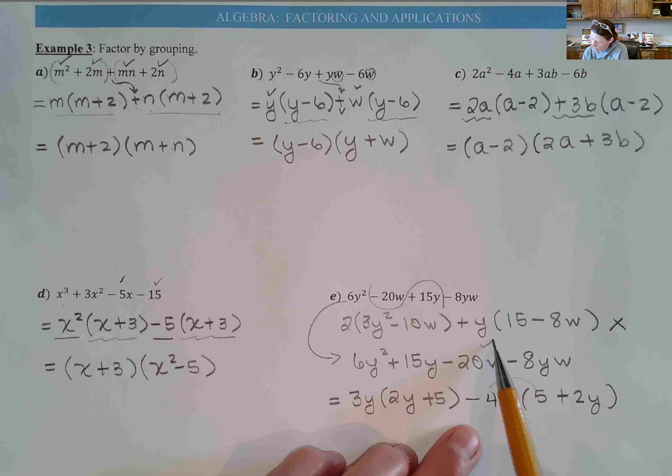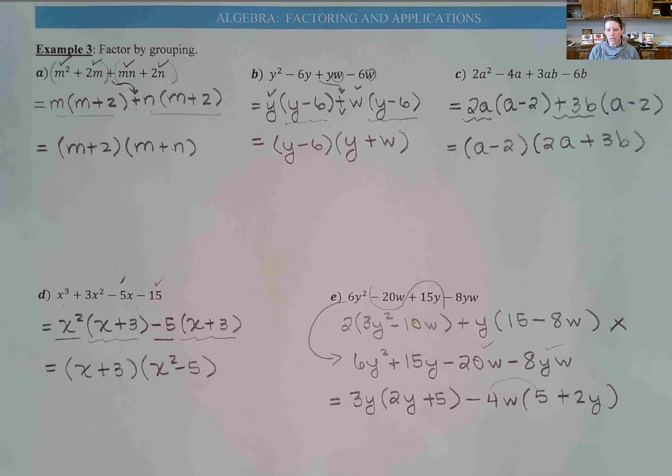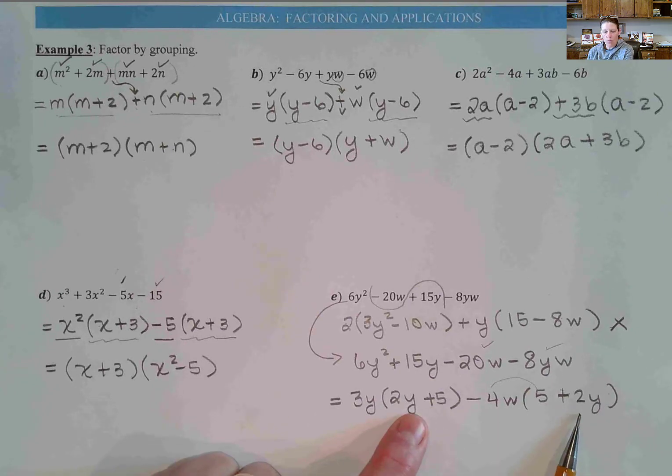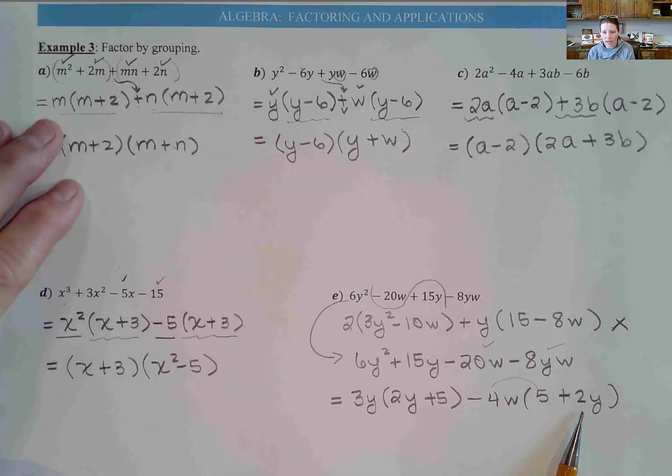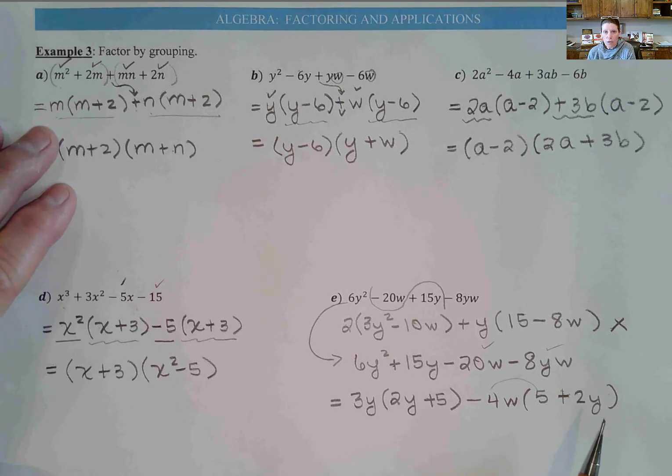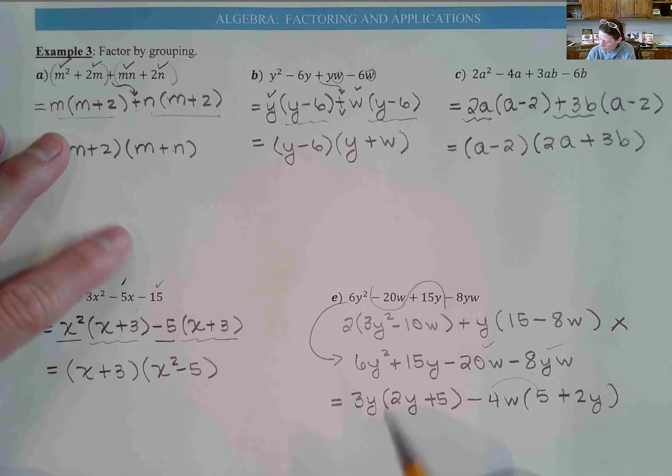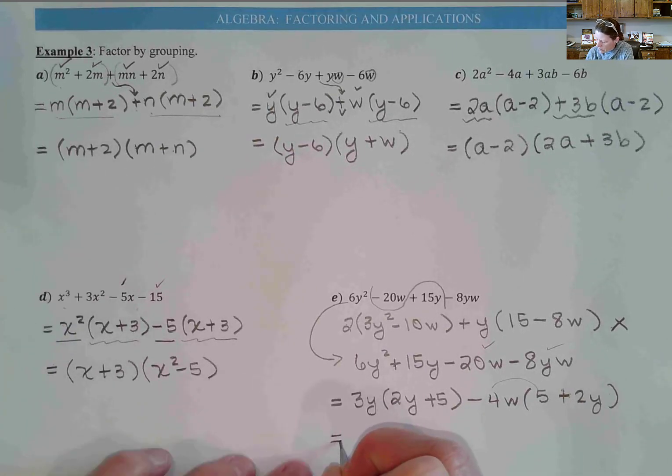Let's just check that. Negative 20w minus 8yw. Now, as we look at what we have in parentheses in each term, those are the same, okay? We know that addition is commutative, isn't it? 2y plus 5 is equivalent to 5 plus 2y. So we can finish this and complete the process.